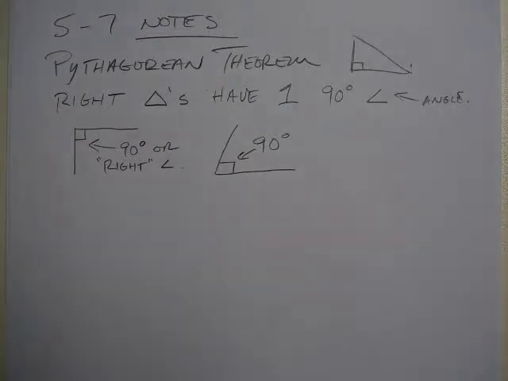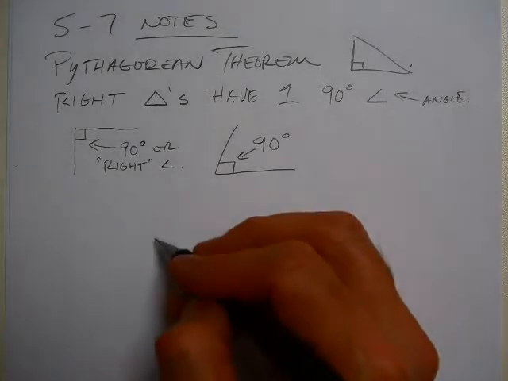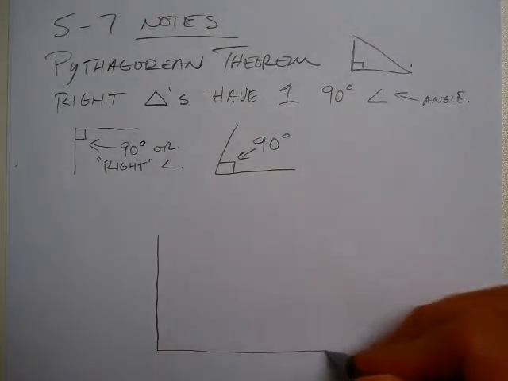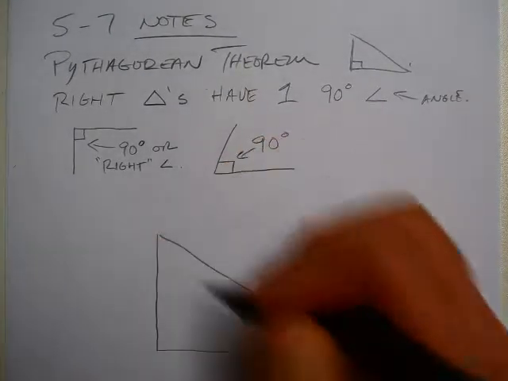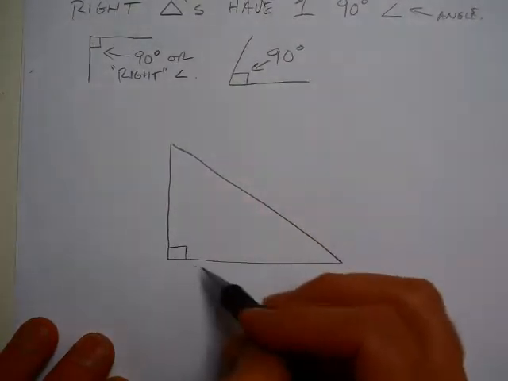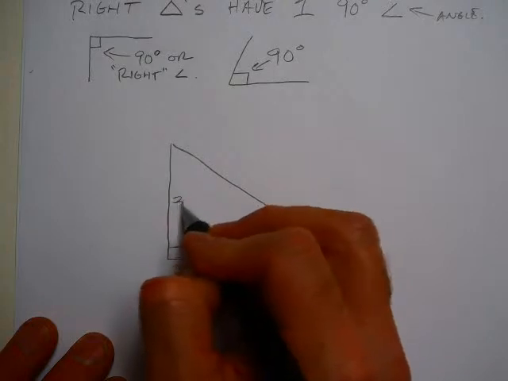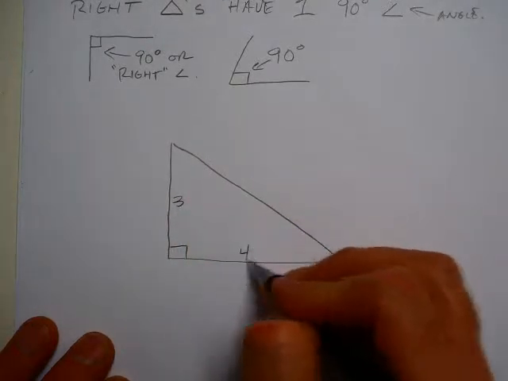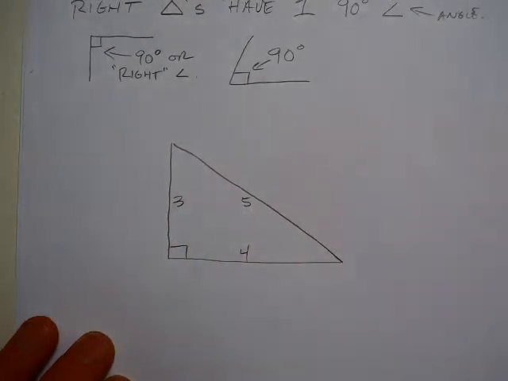About 2,500 years ago, there was a fellow named Pythagoras. He was messing around with math. He was a pretty smart fellow. And he happened to notice something when he was goofing with right triangles one day. Specifically, a triangle that had a length of 3, a length of 4, and a length of 5.